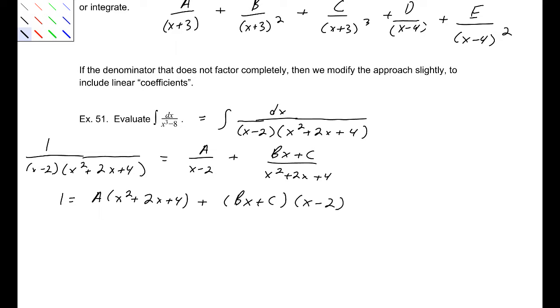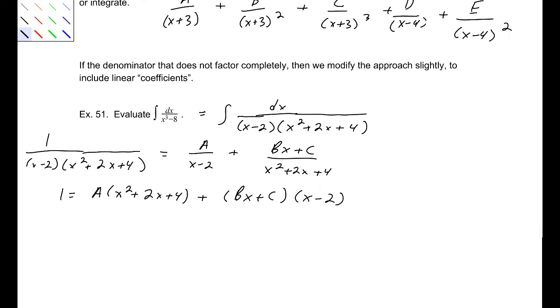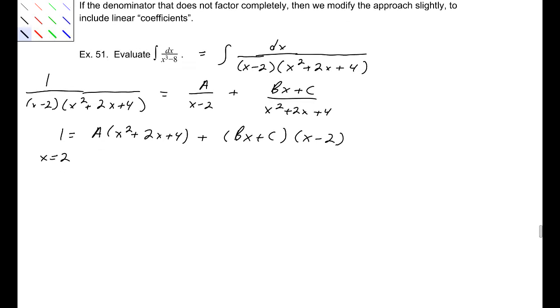Now we're going to choose these wisely. We want to first start with x equals 2. If I choose x equals 2, this gives me the equation 1 equals A times 4 plus 4 plus 4, so that's 12. And the second term is 0, so A equals 1/12. Next, let's choose x equals 0.